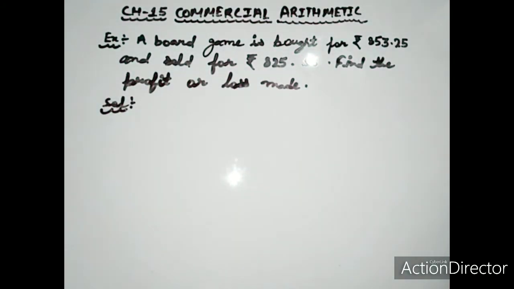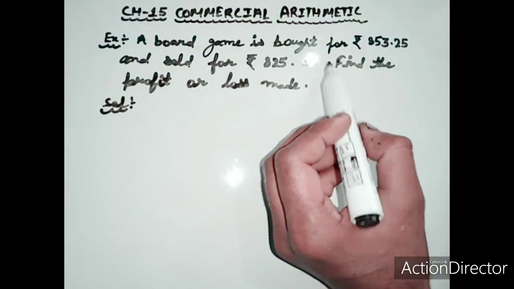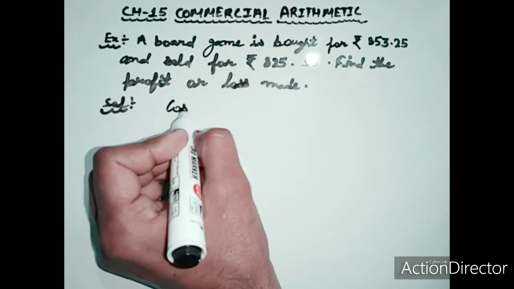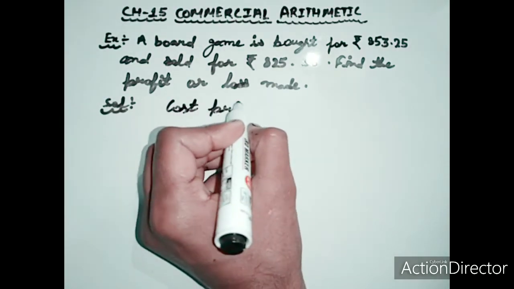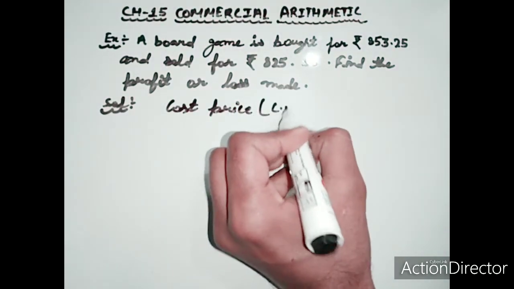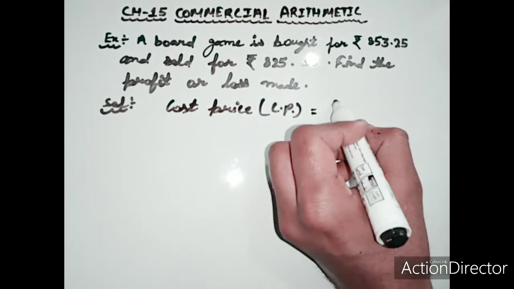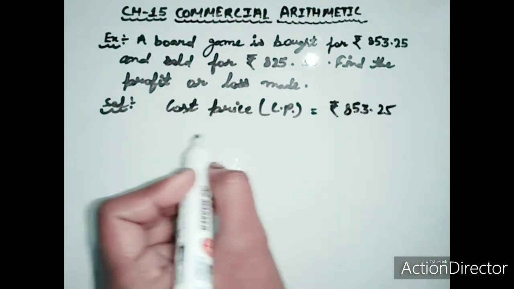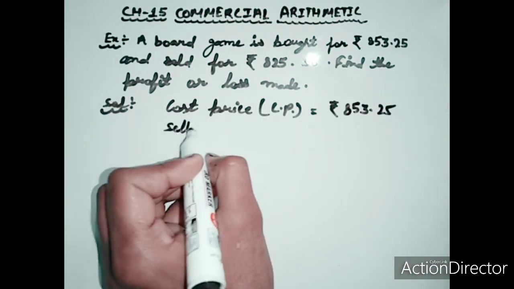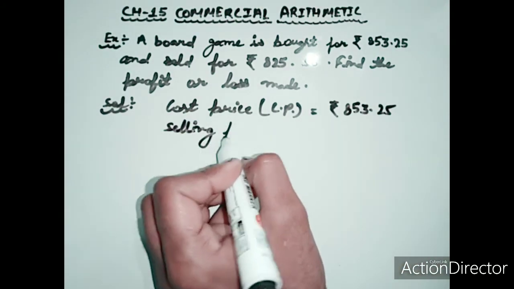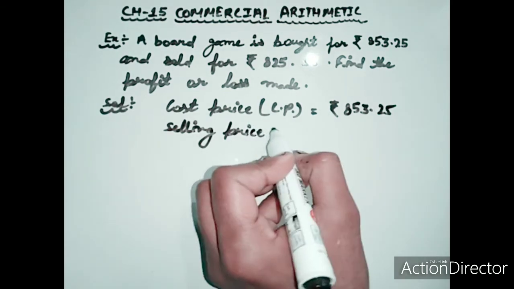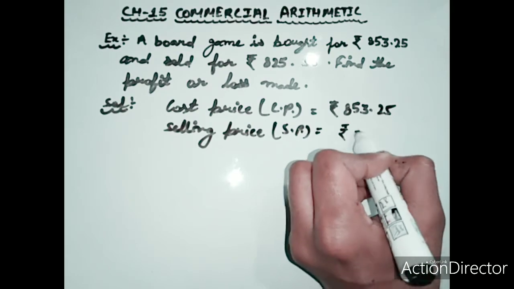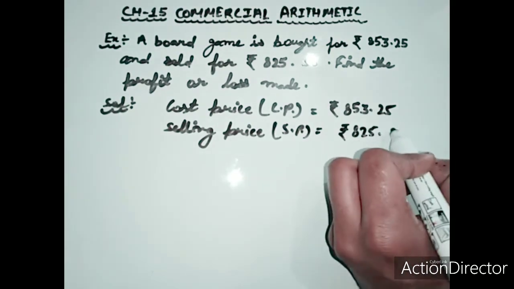Now here two prices are given, cost price and selling price. So here cost price CP equal to rupees 853.25 and selling price equal to rupees 825.50.